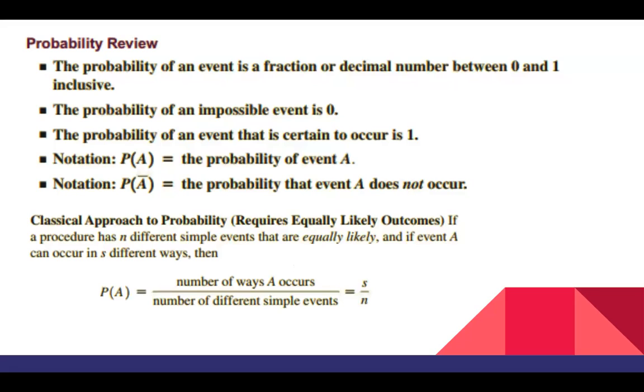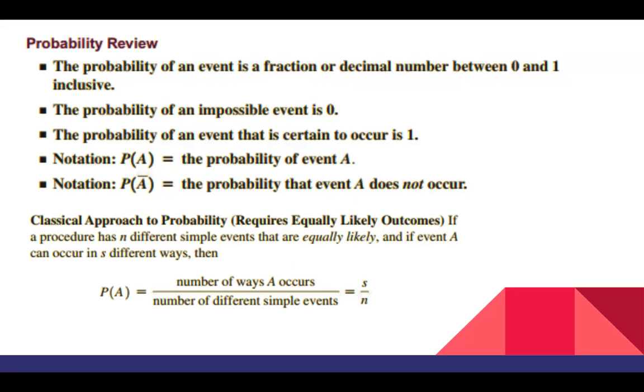So let's go through some ways in which you can approach probability. The probability of an event is a fraction or decimal between numbers 0 and 1. The probability of an impossible event is 0, right? So getting 19 when you roll a die is not likely and actually impossible to happen, right?